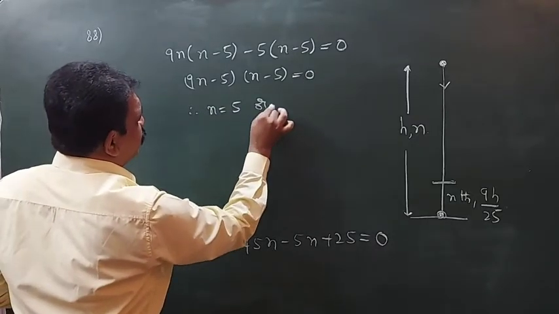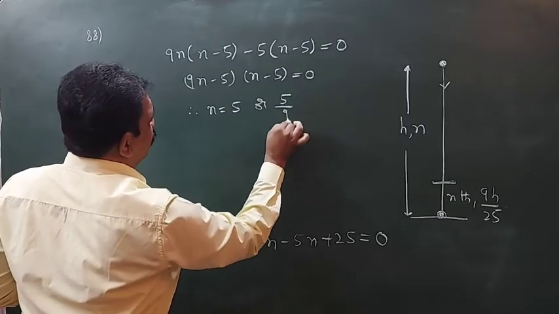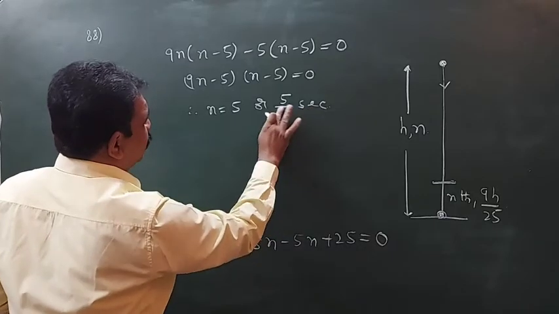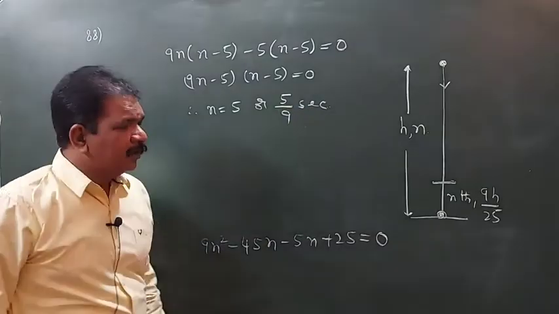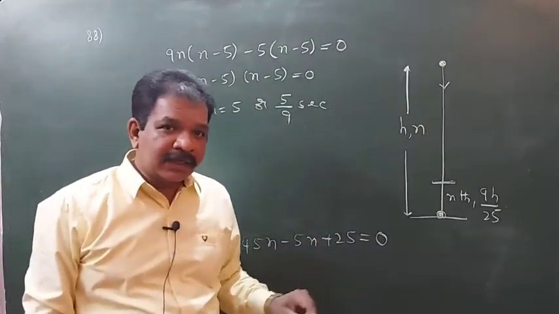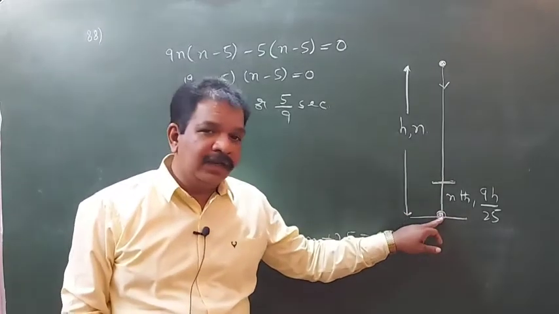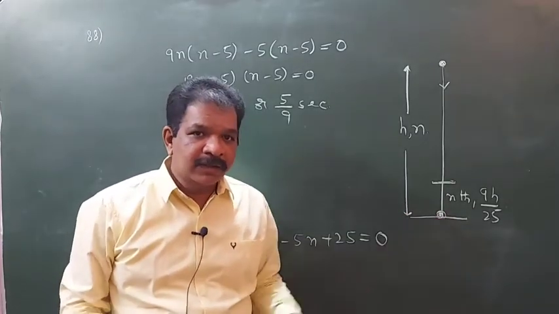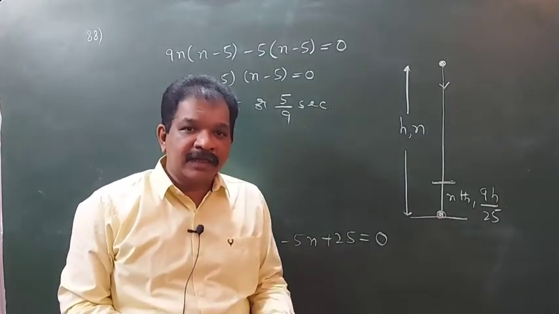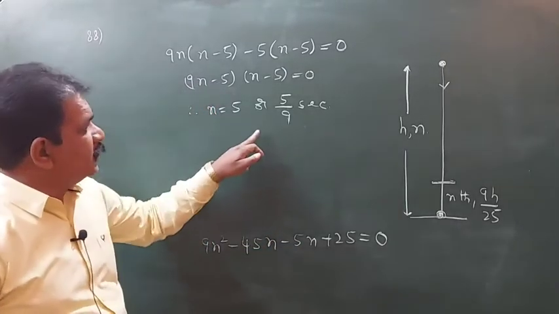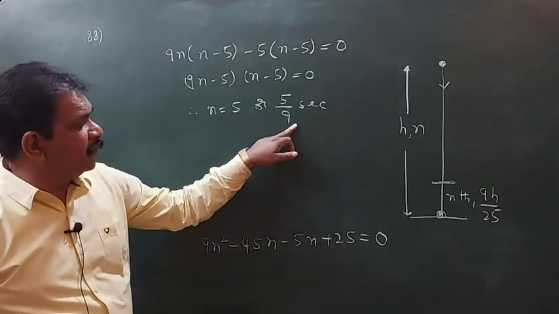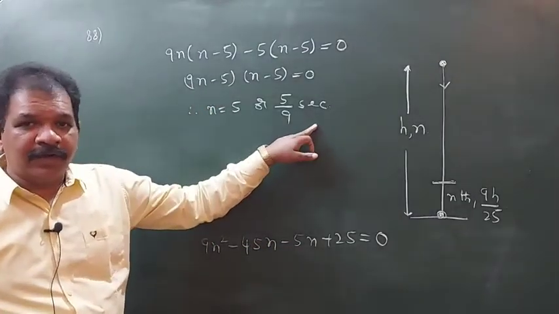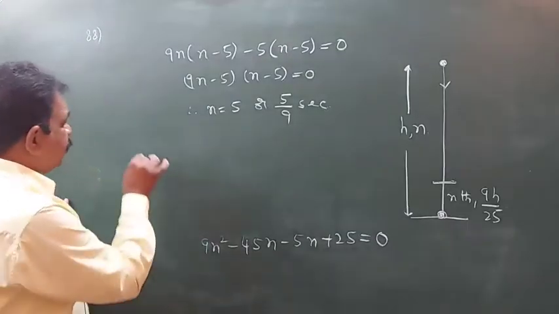Therefore n is equal to 5 or 5 by 9 seconds. In the last second, it travelled 9h by 25, which means the journey is greater than 1 second. Since the journey is greater than 1 second, 5 by 9 will not be the answer.